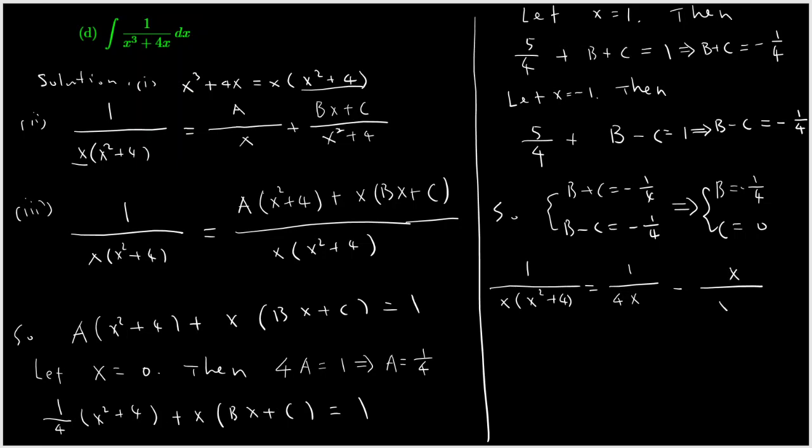On denominator you have x squared plus 4. Probably I missed 1/4. Can I write 1/4 like that? You could use some brackets. I was trying to write minus 1/4 of the whole fraction. I think it's okay.